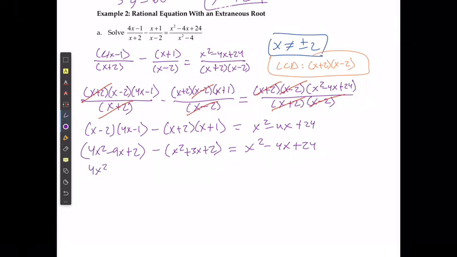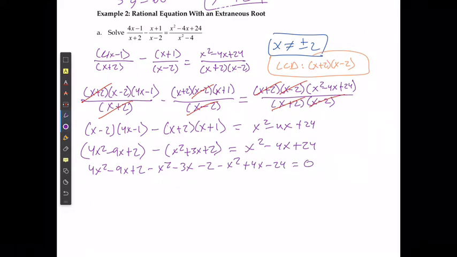Or 4x squared minus 9x plus 2 minus x squared minus 3x minus 2. And when I move the left-hand side over, so I have it all matched up on one side, minus x squared plus 4x minus 24 is going to equal 0.